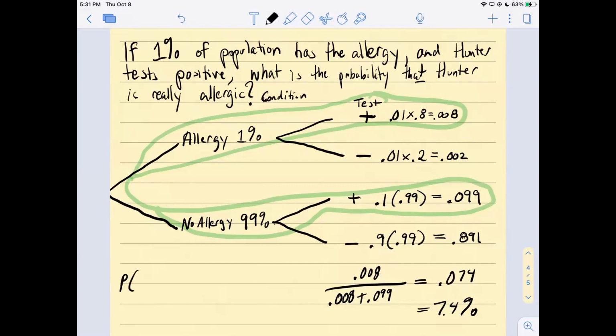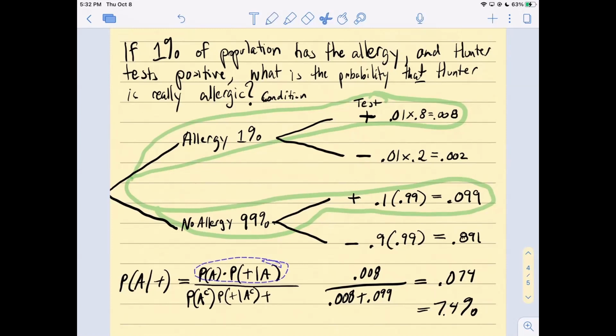So the probability of allergy given that you tested positive is equal to probability of allergy times probability of positive given allergy, and the denominator is probability of not allergy, so I'll do allergy complement times probability of testing positive given that you didn't have the allergy, plus this other term, this original item, this first branch. So copy and paste.